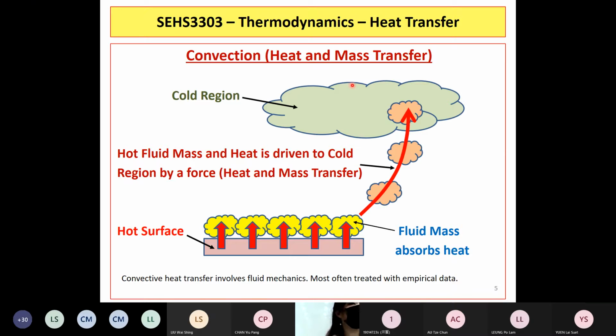What we have? Heat transfer and mass transfer, right? The movement of fluid. So convection is difficult to solve because we combine two things together, heat transfer and mass transfer.